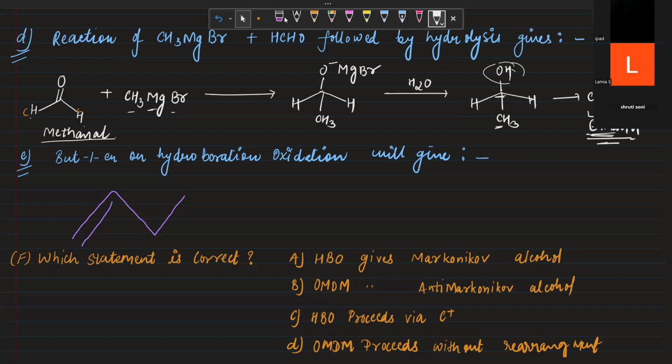But-1-ene on hydroboration oxidation. Okay, so you want the product, right? The product is going to be anti-Markovnikov, and anti-Markovnikov means it will attack on the less substituted side.